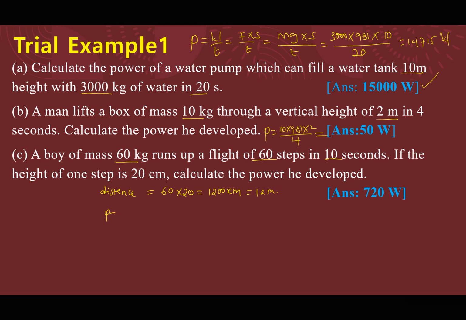So we want to find the power. Power is equal to the work done divided by the time taken. So the work done is going to be the force times the distance, divided by the time. The force is mg times the distance divided by the time. m is 60, g is 9.81, and then the distance is 12 meters divided by the time, which is 10 seconds.